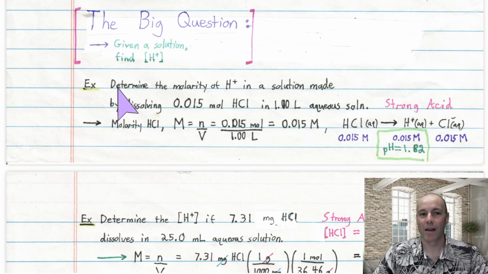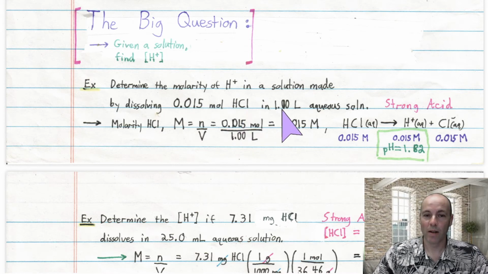Suppose you are asked to determine the molarity of proton in a solution made by dissolving 0.015 moles of HCl in 1 liter of aqueous solution. Now HCl, if you go back to your list of strong acids, you'll see that it's the first one on the list. This is a strong acid.